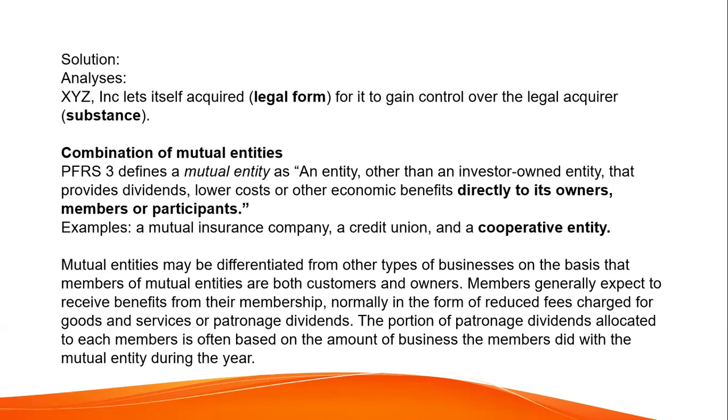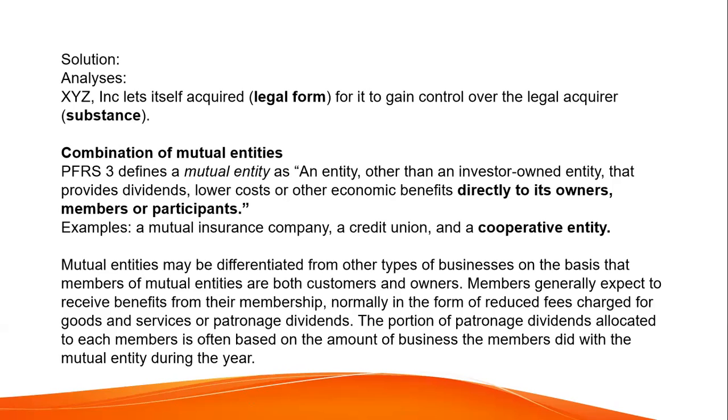The consideration transferred is computed as follows. Shares of XYZ effectively transferred to ABC, 2,000, multiplied by the fair value per share of XYZ shares of 200.